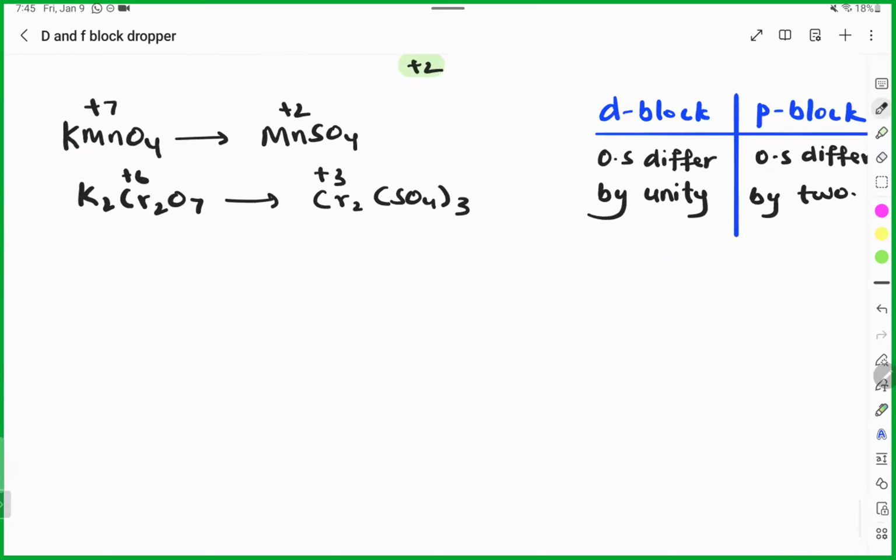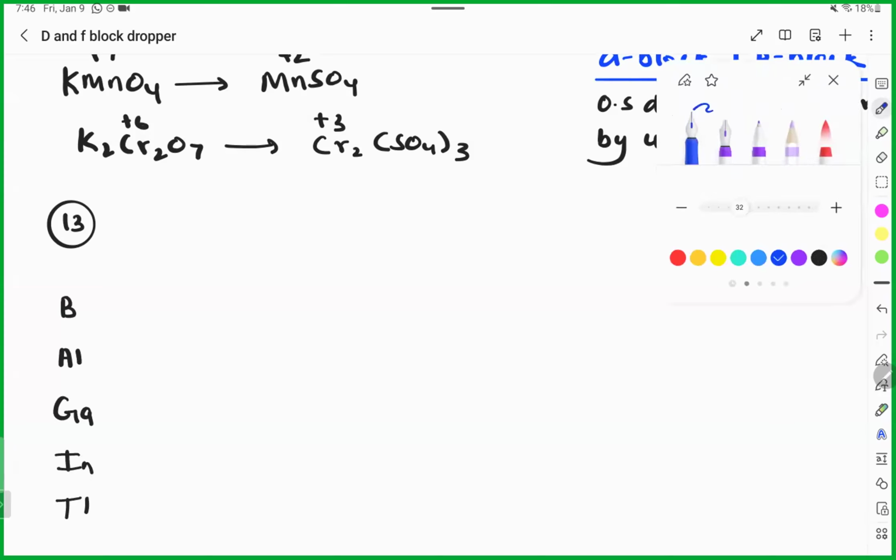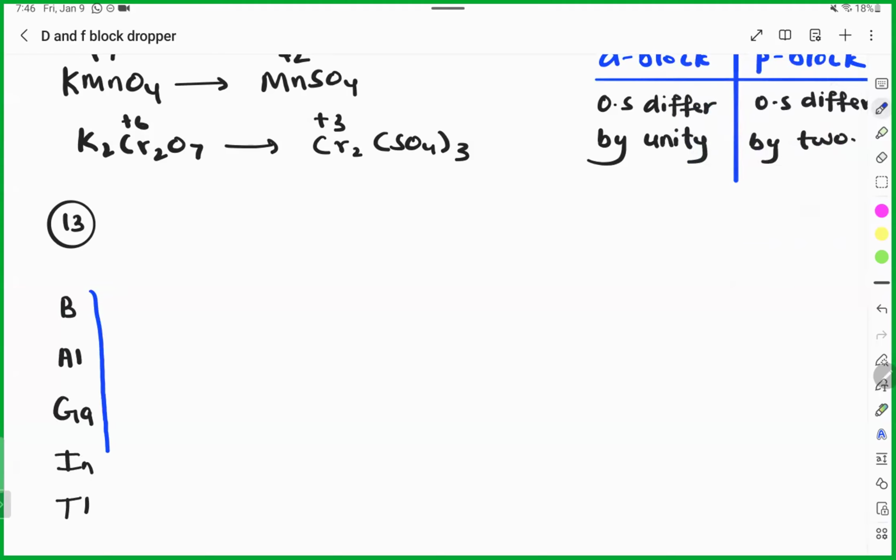If you see group 13, what are the elements present in group 13? Boron, aluminium, gallium, indium, thallium. Mostly these elements show +3 oxidation state, but thallium is more stable with +1 oxidation state.